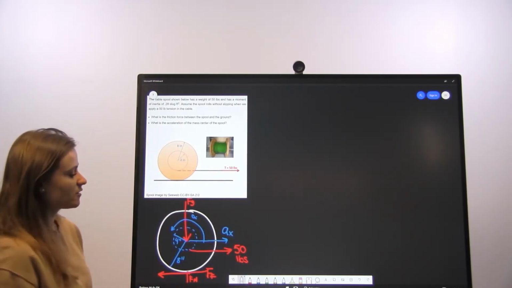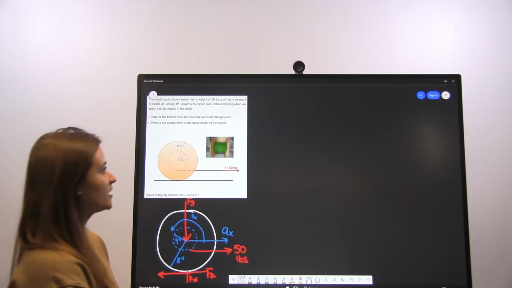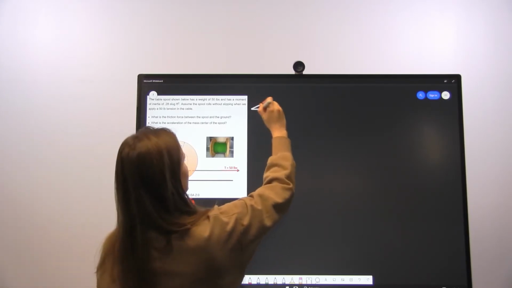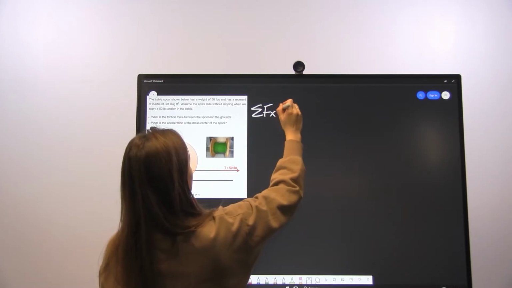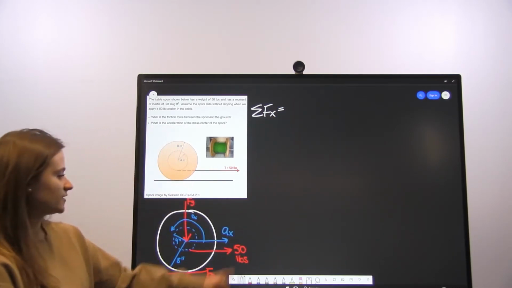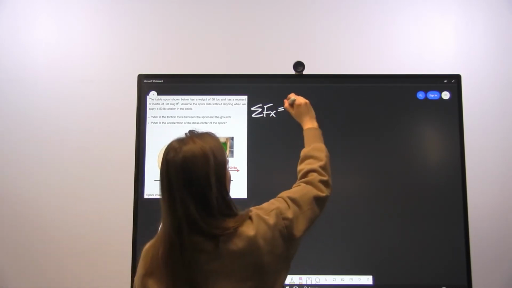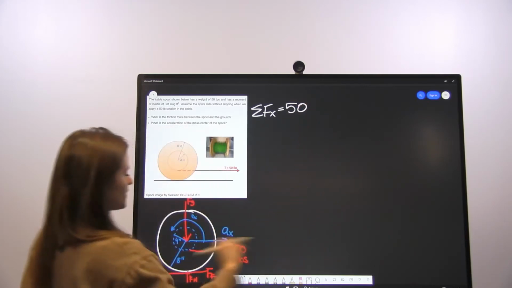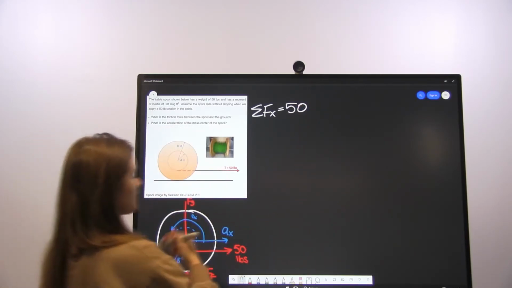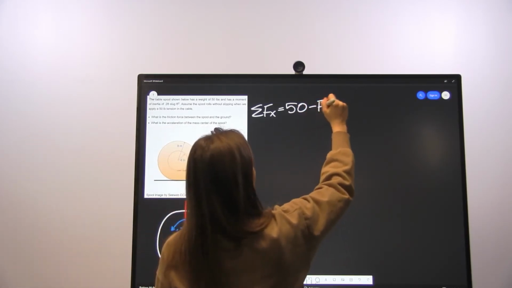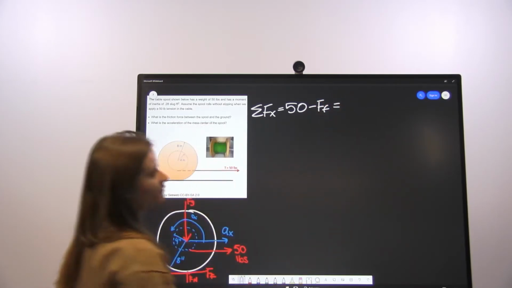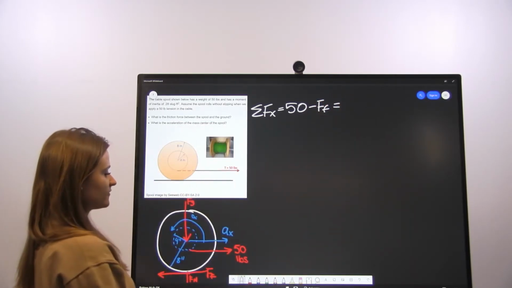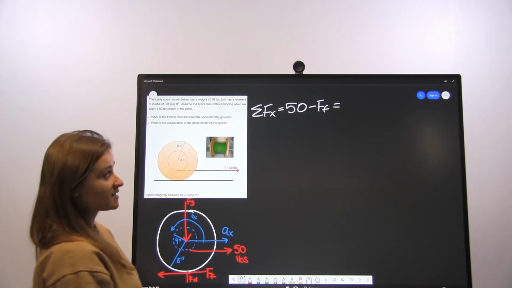So from here we can write out our equilibrium equations. We have the net forces acting in the x direction. So we have this force of 50 pounds acting to the right, so it's positive, minus the frictional force that's acting to the left and therefore negative. This is equal to our mass times acceleration.